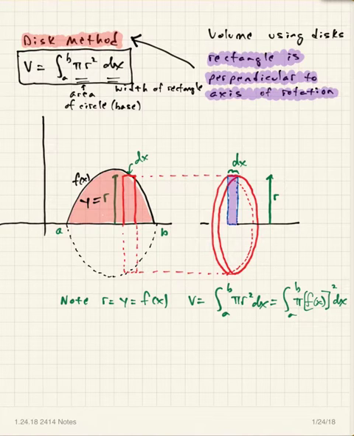And so you see that the volume is going to be given by the integral from a to b of pi r squared dx, but r is y, or r is f of x, and so it'd be pi times f of x squared dx. All right, so that's the general form for a problem where you're generating a solid disk, okay?